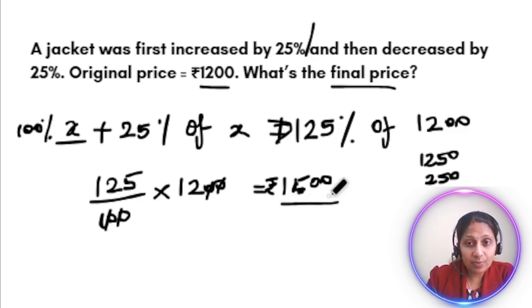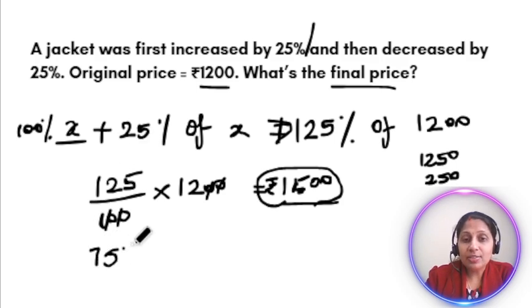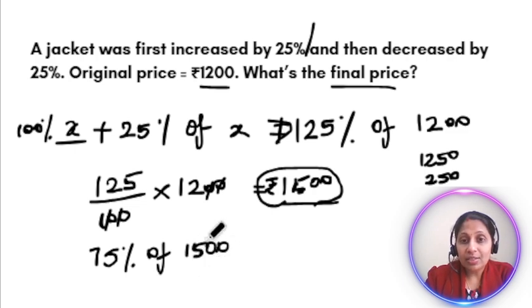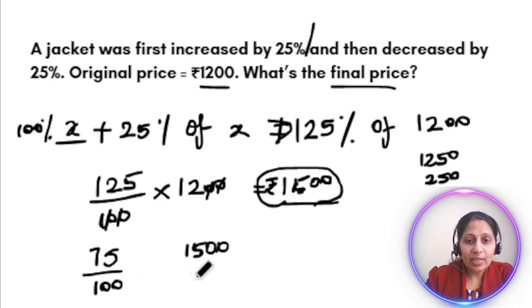Now the value has been changed. It's no longer 1200. The new value is 1500. 1500 is decreased by 25%, which means 75% of 1500 is the next change that is happening. So 75 by 100 of means you can replace it with multiplication. So this 0 will get cancelled. This and this will get cancelled.